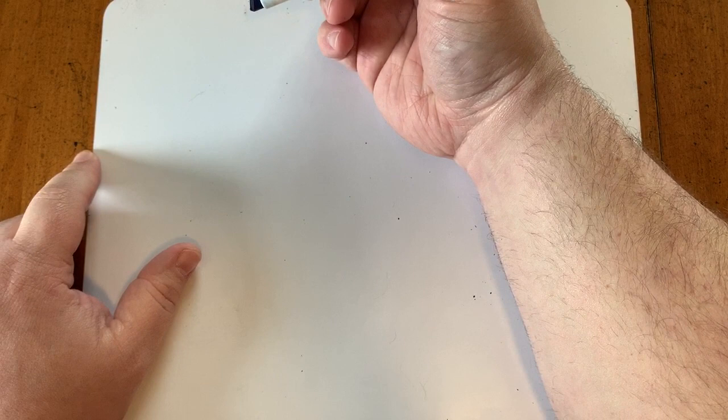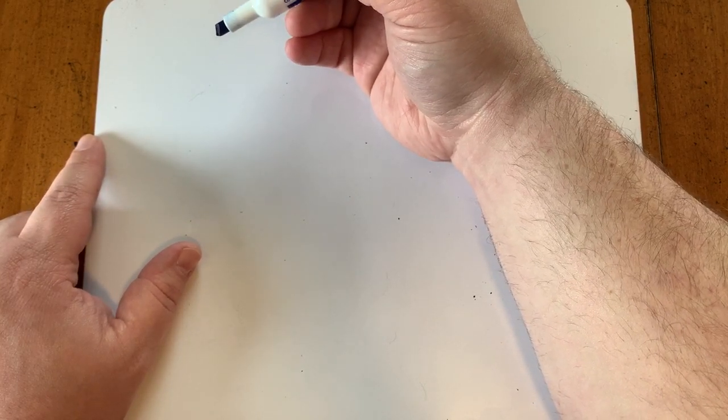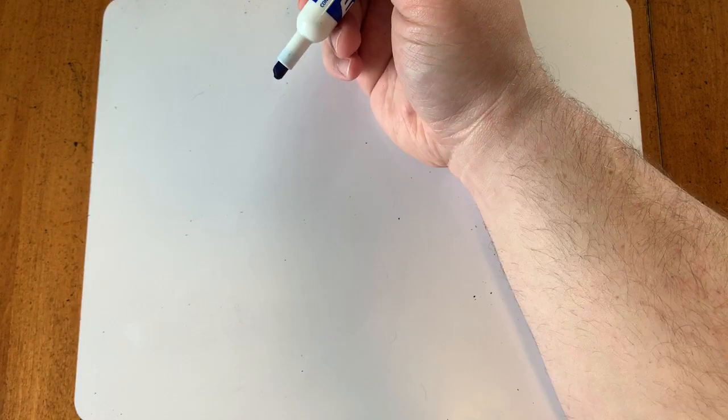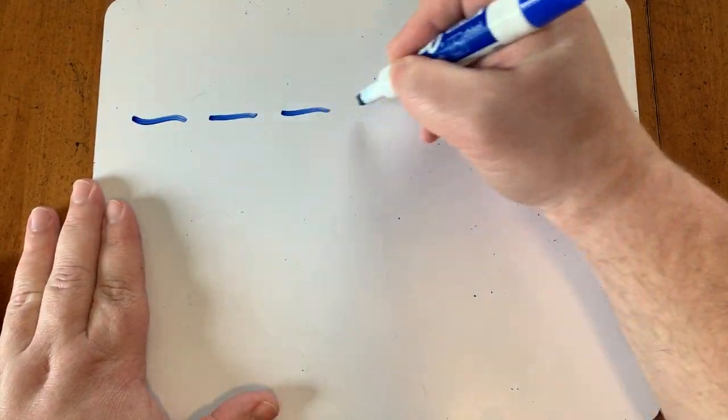But that doesn't allow for repeats. Now, let's say there were 7 people standing in line, and we want to find out how many different ways they could all stand in line. There's 7 spots in line.